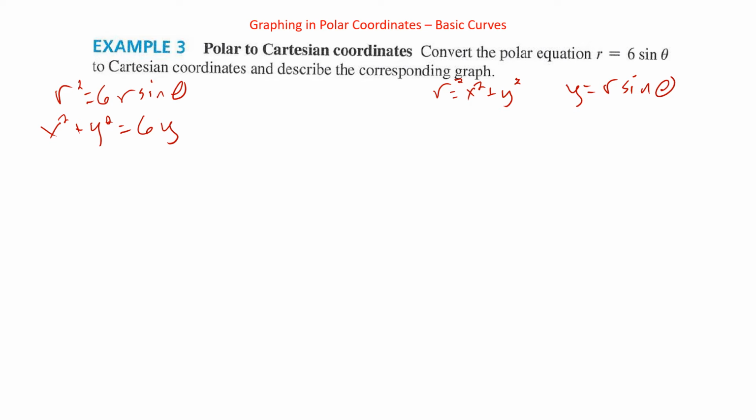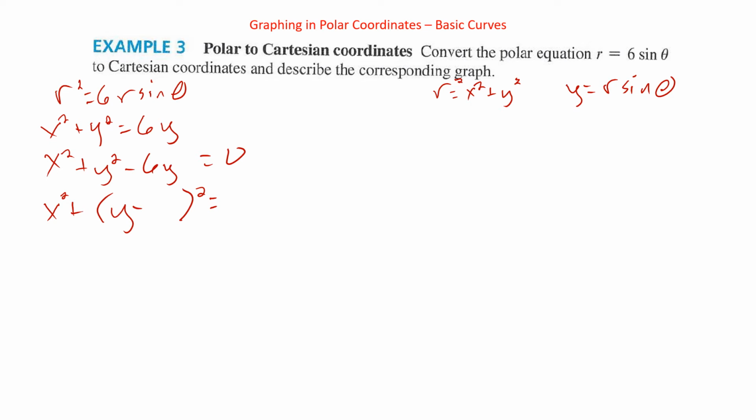So we have x squared plus y squared equals 6y. This looks a lot like some sort of conic section because we have x squared and y squared. We get those into standard form by completing the square. So let's move that 6y over. We get x squared plus y squared minus 6y equals 0. This is ready to complete the square because the x squared is by itself. So we're going to have something squared equals a number.